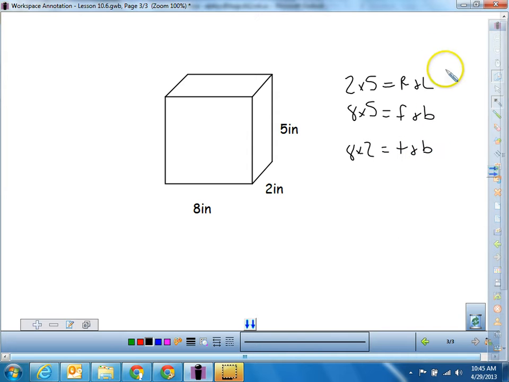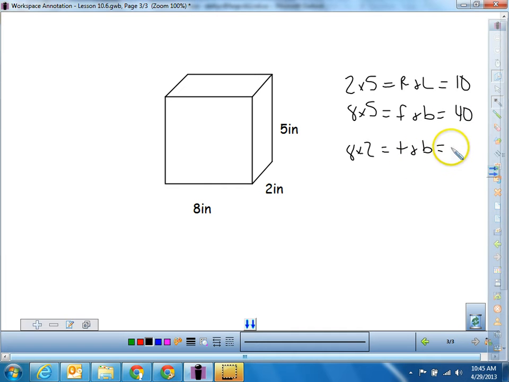So let's figure out these areas. What's the area of our right side and our left side? 2 times 5, that means the right and the left are each going to be 10. For our front and our back, each is going to be 40. 8 times 5 is 40.